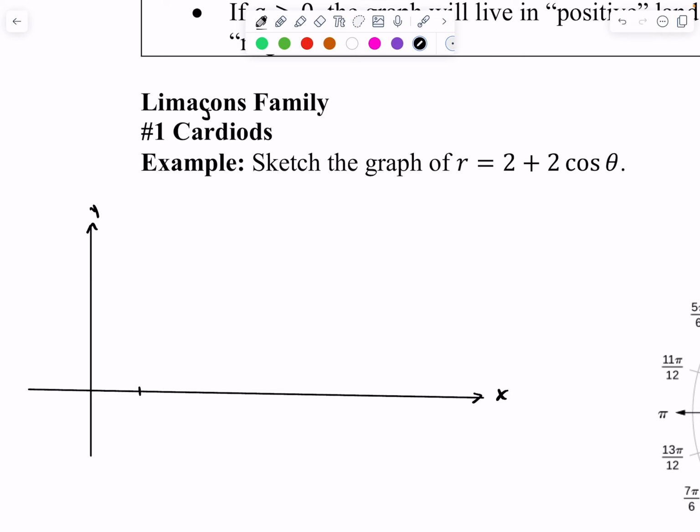So nothing's happening to the period. We can scale our x-axis by pi over 2's. Now the plus 2, that means our midline is at 2. And the amplitude is 2.